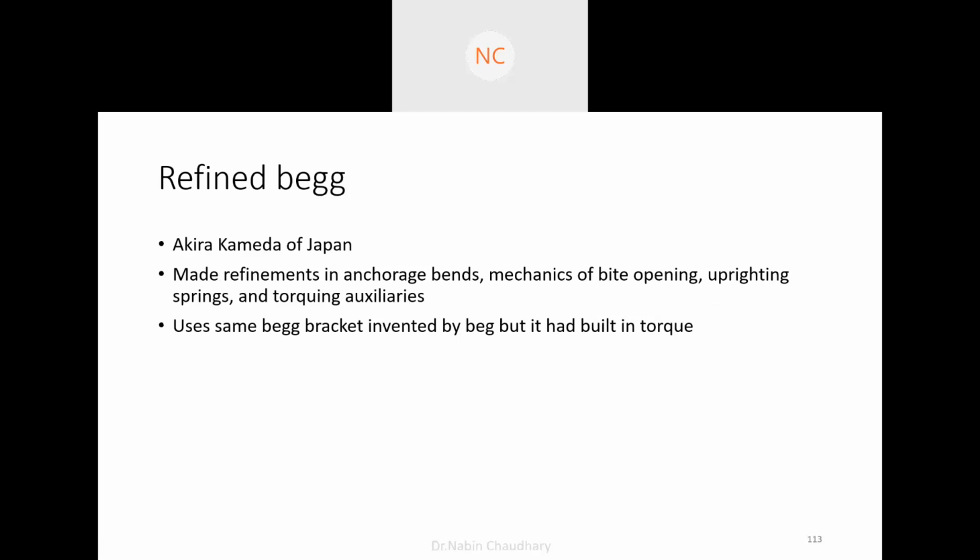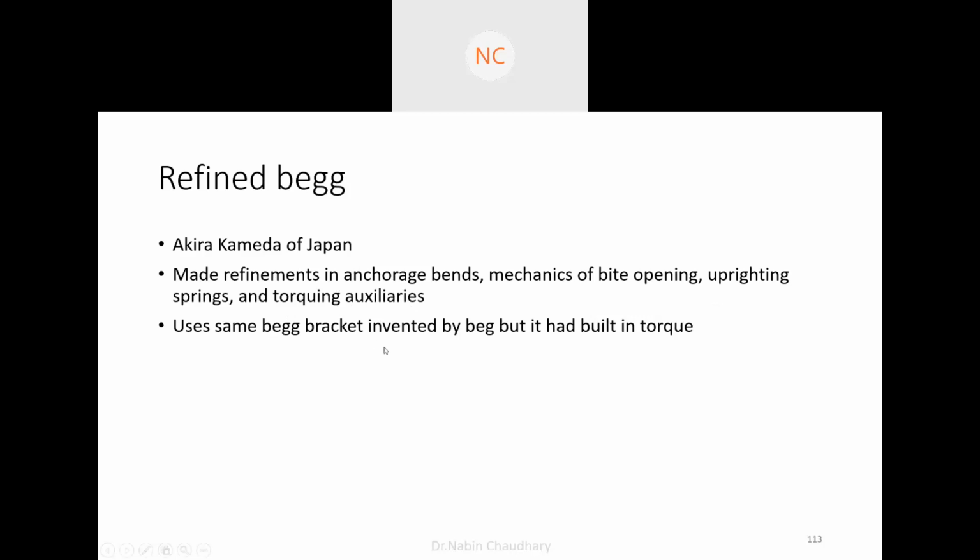Kameda made refinements to the original Begg. That is, they use the same Begg appliance but with improved biomechanics. They made refinements in the anchorage bends, also modified the mechanics for the wide opening, and also modified the uprighting spring and the torquing auxiliary.